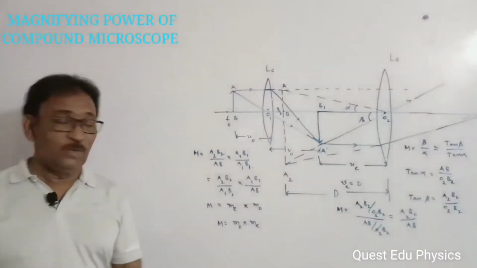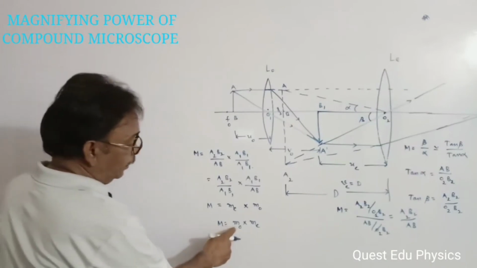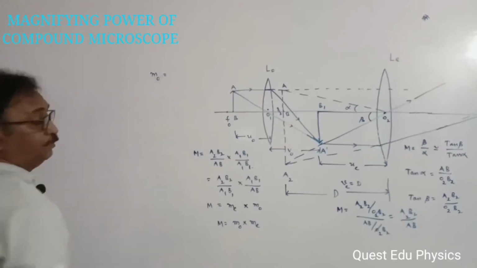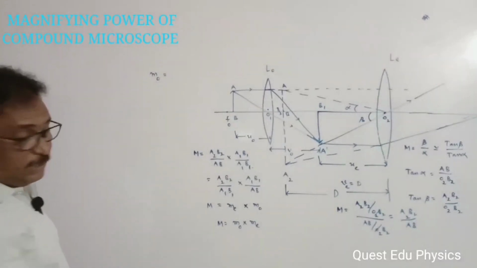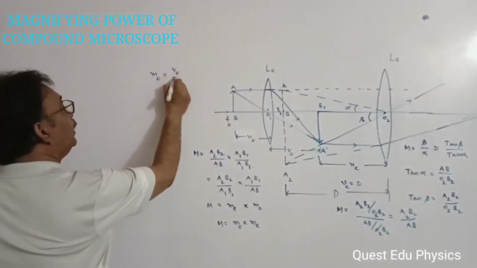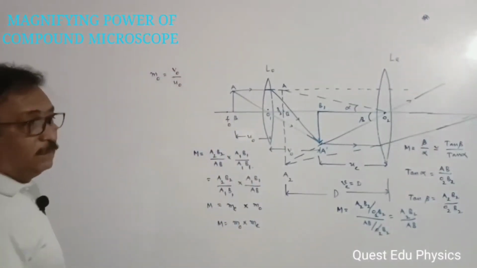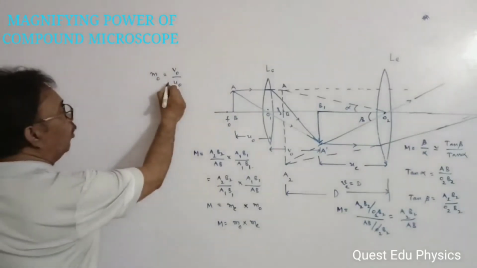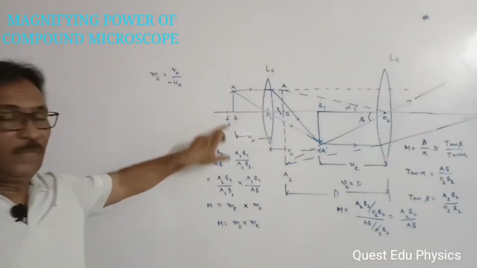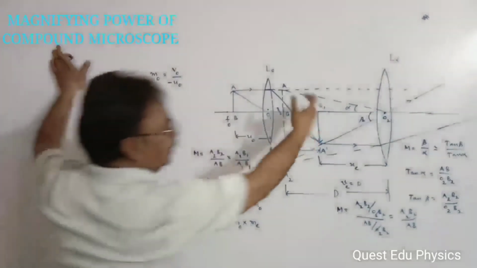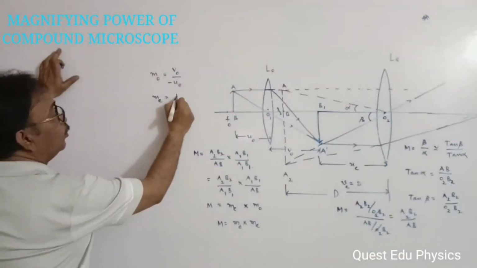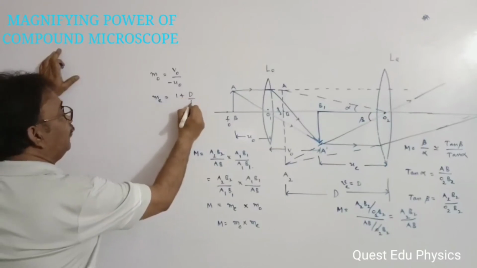Also, students, you know that magnification produced by the objective MO is equal to image distance by object distance, VO by UO. I'm taking the sign convention here. UO has to be taken as negative since it is in front of the lens. And similarly, for a simple microscope, the magnification ME is equal to 1 plus D by FE.